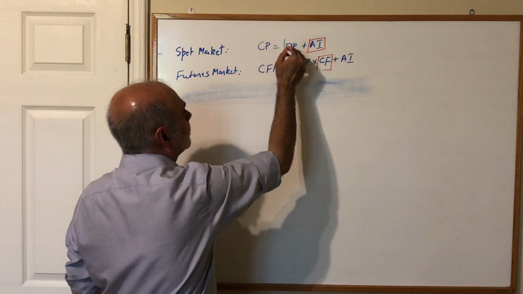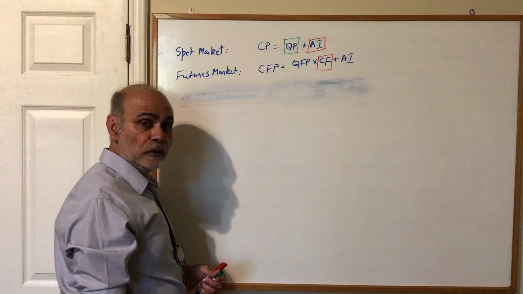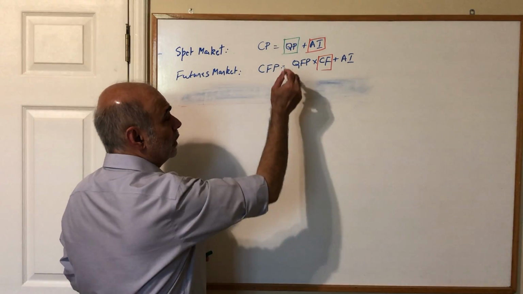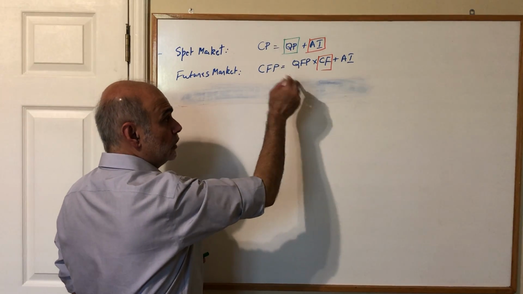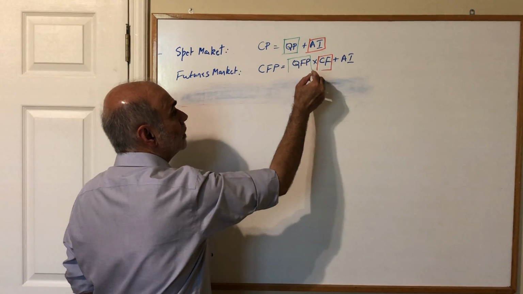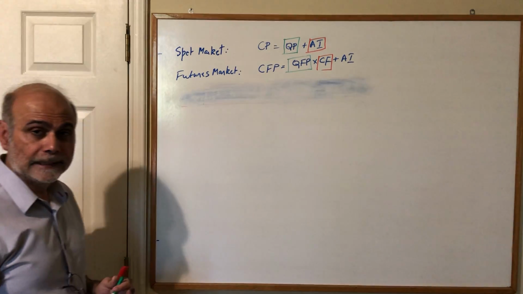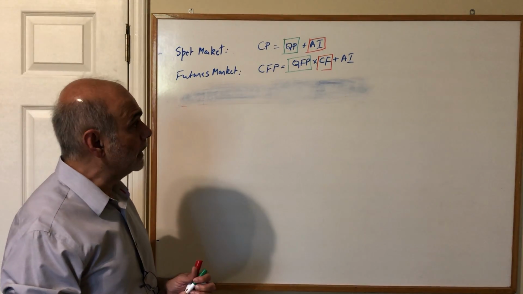We have the quoted price over here. That's what we observe. And then also what we observe in the futures market is the quoted futures price of the base case bond, the 6% coupon bond.